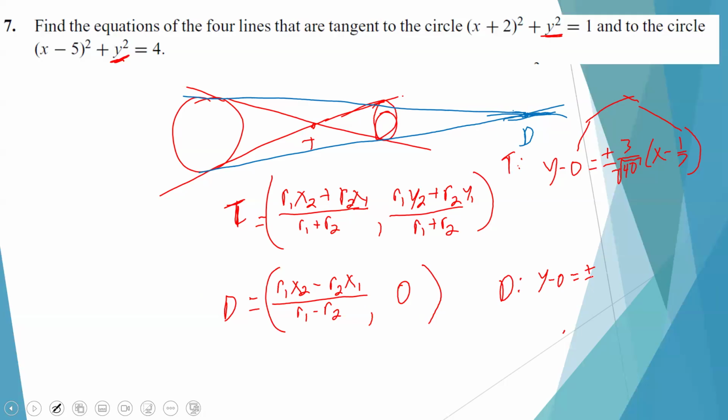This one's going to be 1 over 4 square root of 3, and it's going to be x. This one's going to be actually plus 9. Again, these two come from your D, that comes from your T. So you can do it. You can get the 4 lines tangent to this, but you do not have to do.